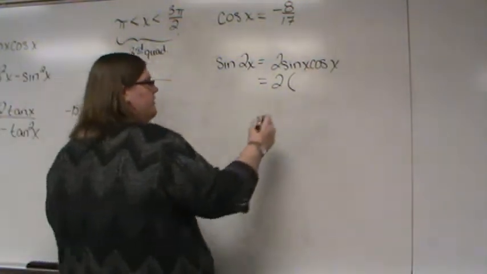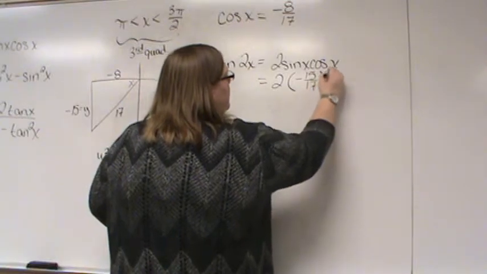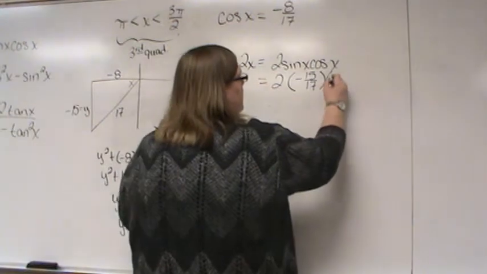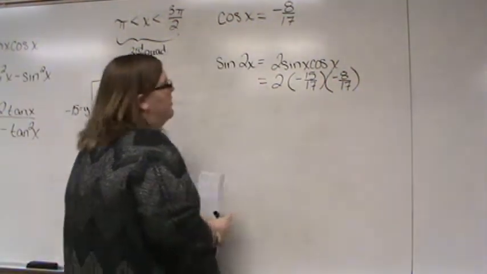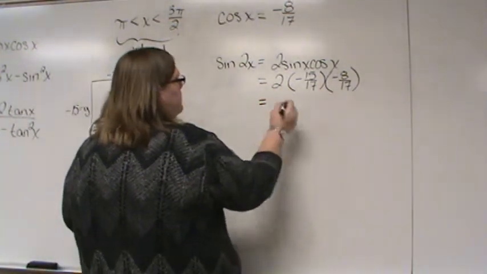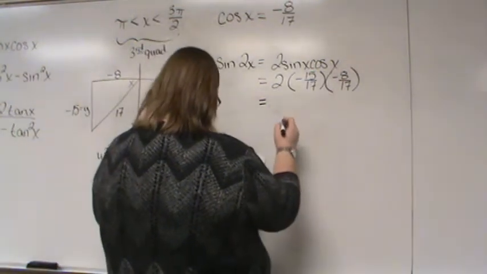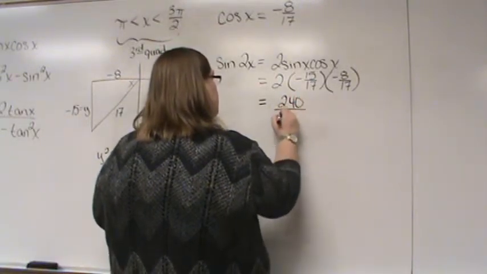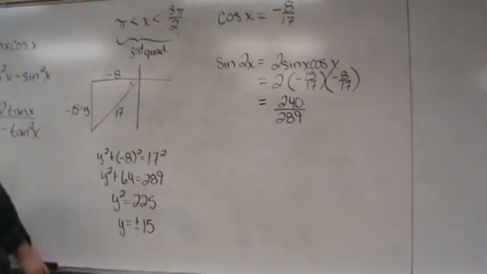It's negative 15 over 17. And what's our cosine of x? Negative 8 over 17. So you should end up getting 240 over 289.